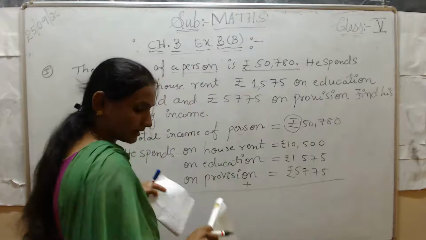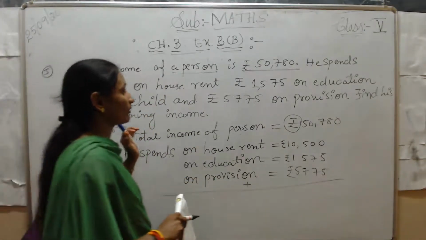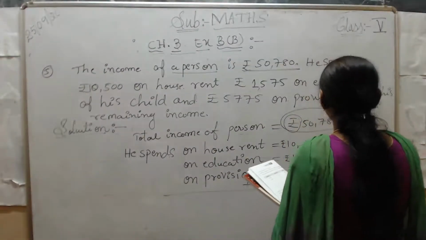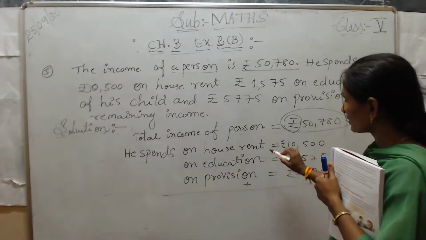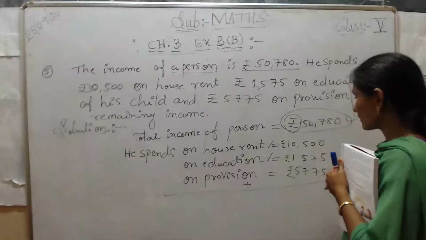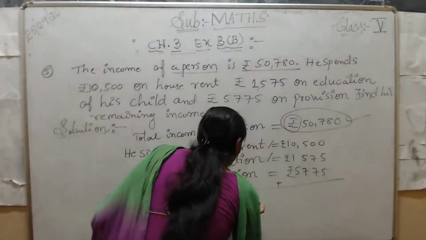First you have to add up the spent amounts. The total income is 50,780, but he spent on house rent, then education, then provisions. So what is the total spend amount? First you have to add the total.